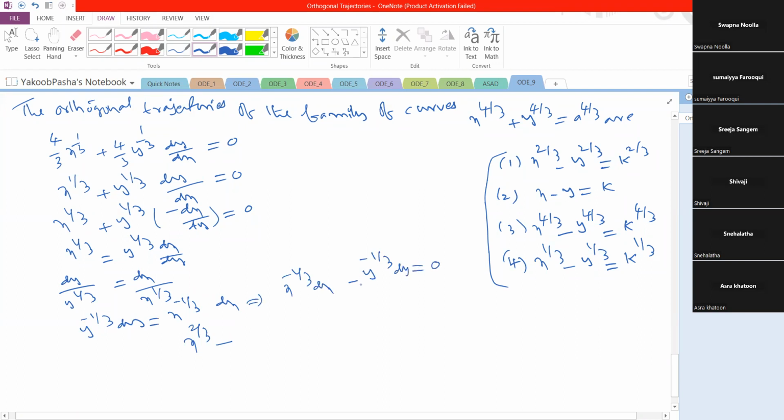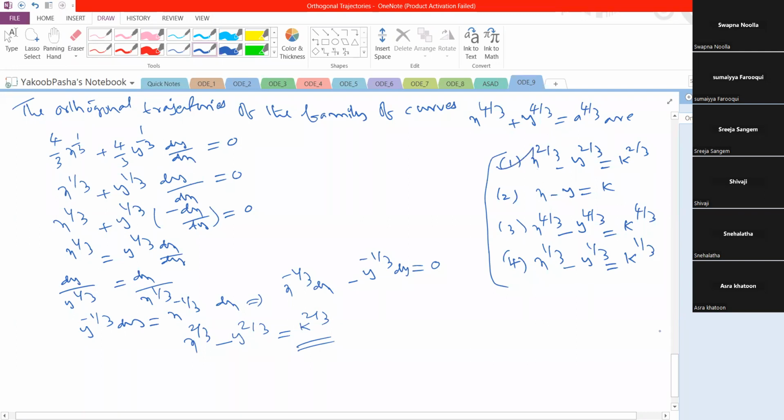So integration gives x power 2 by 3 minus y power 2 by 3 is equal to an arbitrary constant. We can take k power 2 by 3. Okay, it may be k or it may be k power 2 by 3. So first option is the right option.